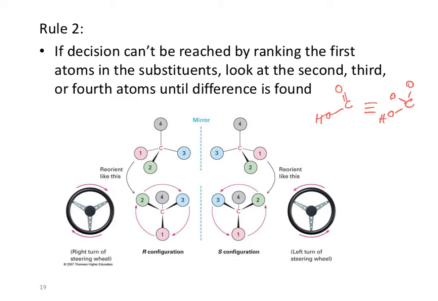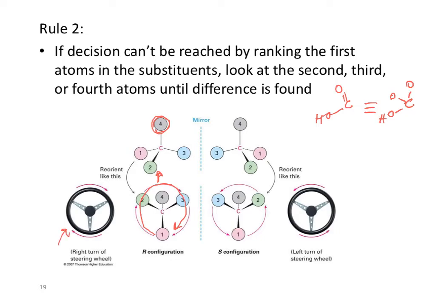Okay, so this is what I was talking about. Once you have assigned the priority, you would want to view the molecule in a direction such that the least priority is away from you. And so in going from 1 to 2 to 3, looks like we are moving in a clockwise direction. On the left hand side, notice the similarity to a steering wheel.